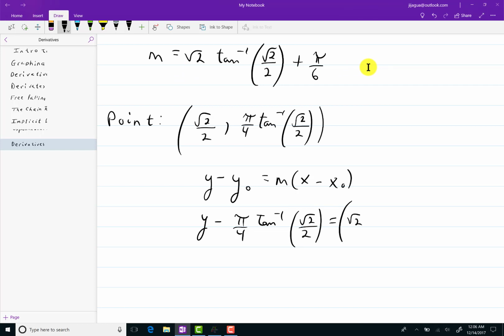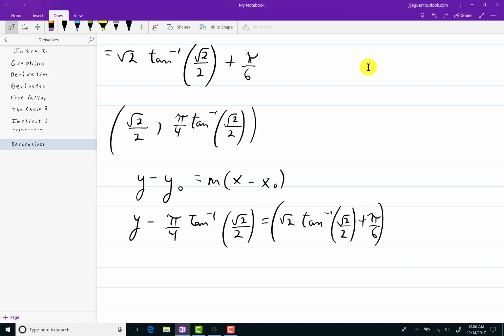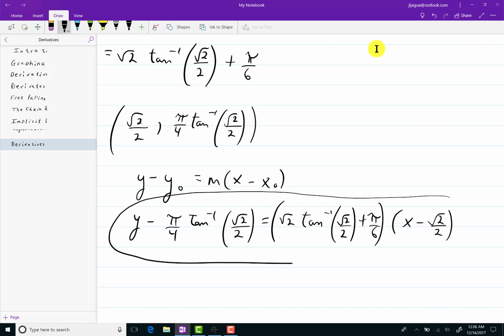Radical 2 arctan radical 2 over 2 plus pi over 6. That is m. And the x naught was radical 2 over 2. And I am happy with this particular format.